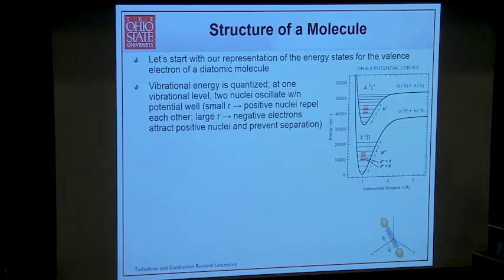We want to keep this picture in our head: we have two nuclei, surrounded by an electron cloud. So what happens if we start talking about vibrational energy? We can think about these nuclei being moved back and forth.